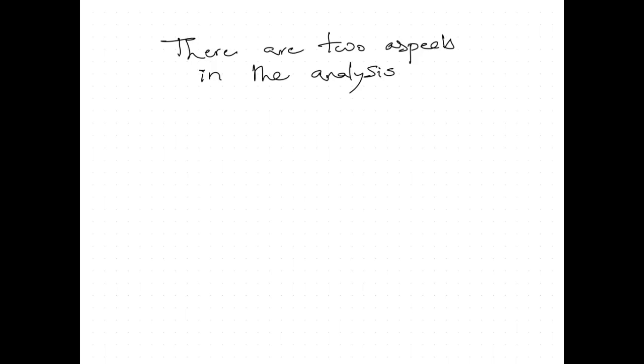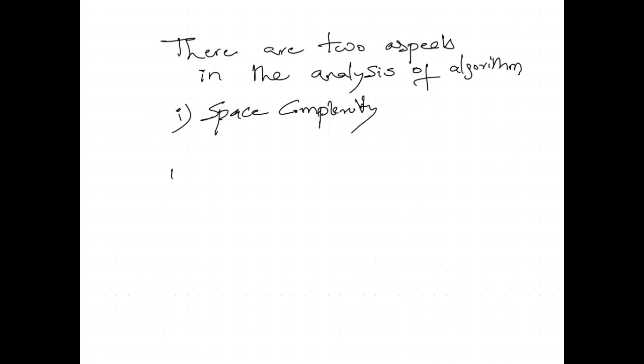There are two aspects in the analysis of algorithm, very important. The very first one is space complexity and the second one is time complexity.